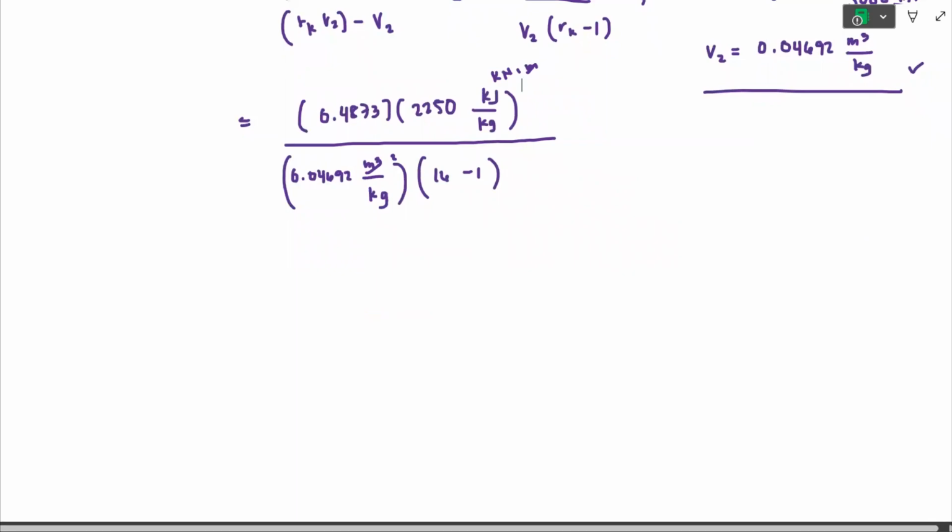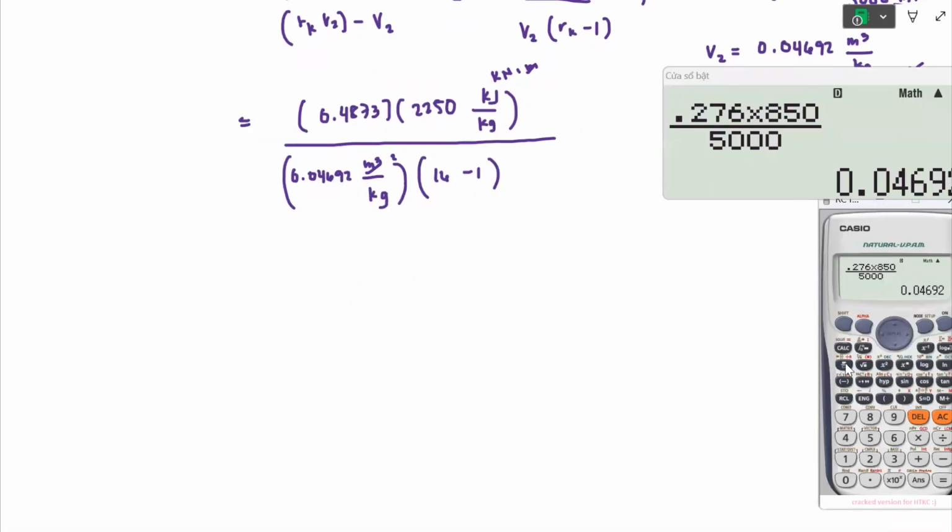So, therefore, masolve natin sa MEP. 0.4873 times 2250 divide by 0.04692 times 16.